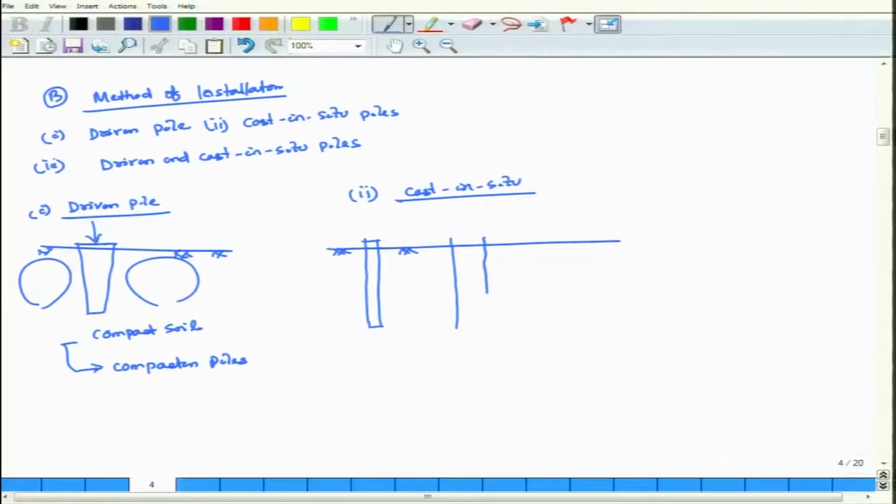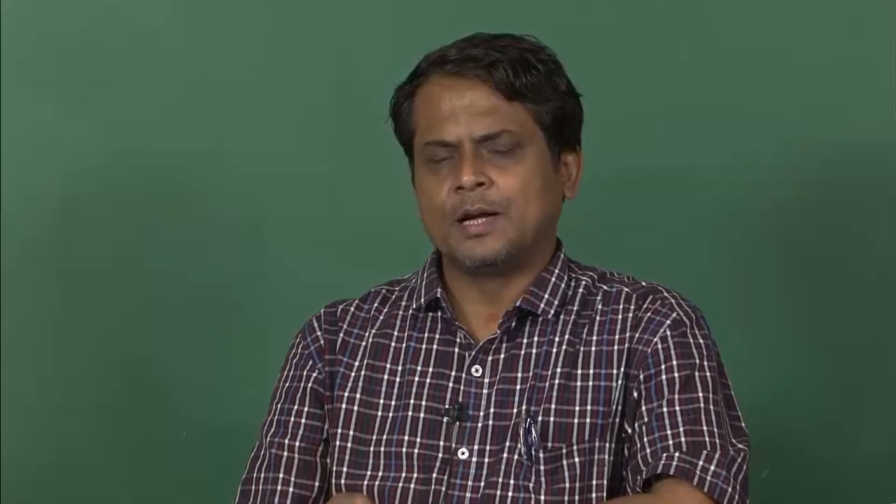Make a larger borehole, then prepare the steel caging in the field, and this caging will be inserted in the borehole. Then after that do the concreting. Cast in situ, that means everything has been done in the field step by step.